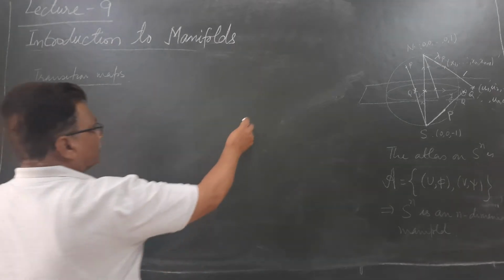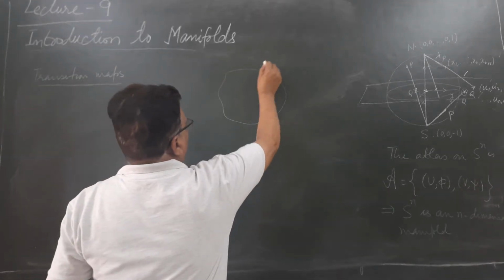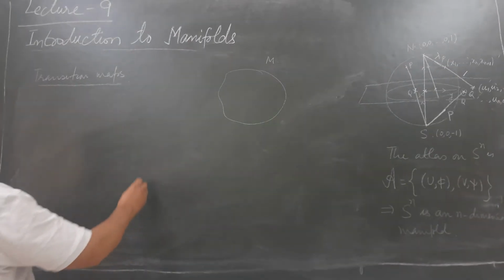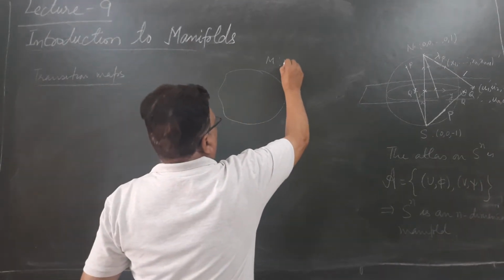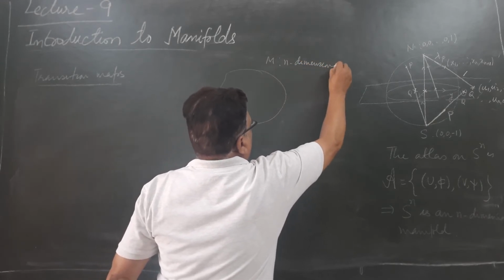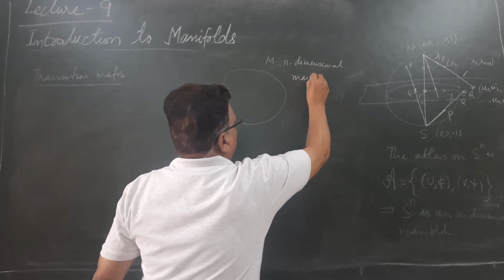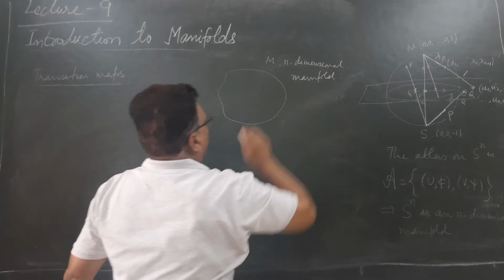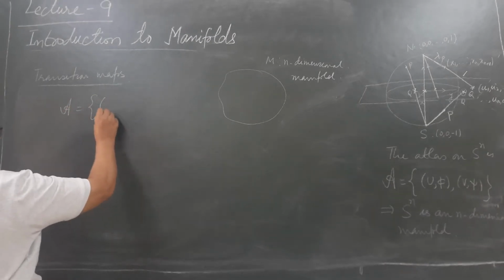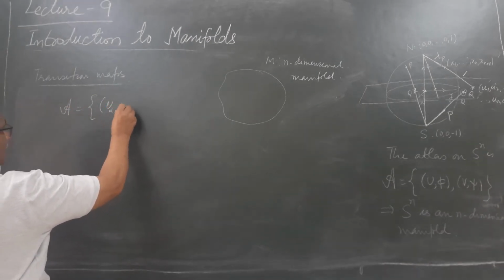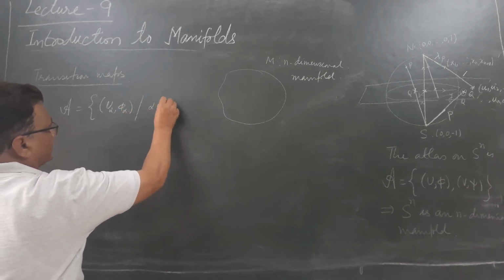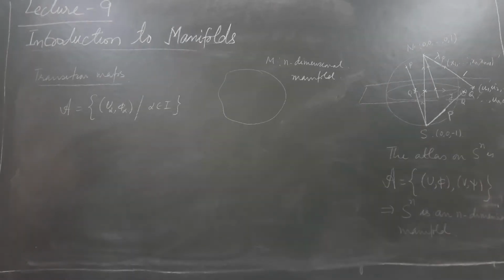Let us suppose there is a manifold M. M is an n-dimensional manifold, and it has an atlas A, whose members are these charts (U alpha, phi alpha), where alpha is ranging over some index set I.